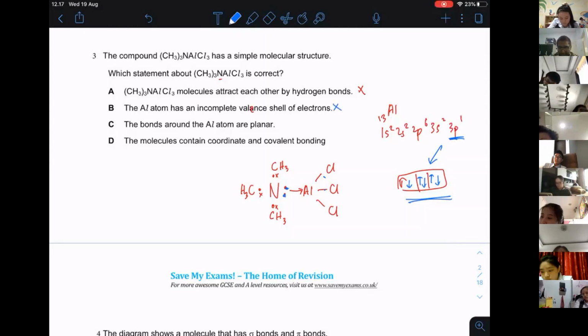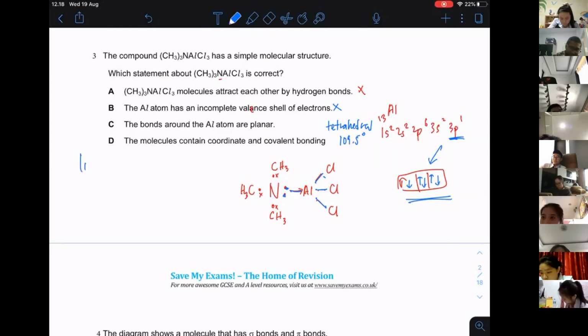The bonds between aluminium are planar. You see this one, 1 bond, 2 bond, 3 bond, 4 bonds. 4 bonds is already tetrahedral. Tetrahedral is 109.5 degrees, a 3D structure, so they are non-planar. What is planar?